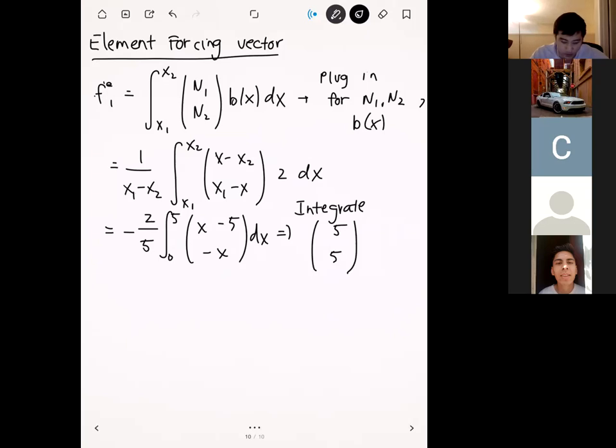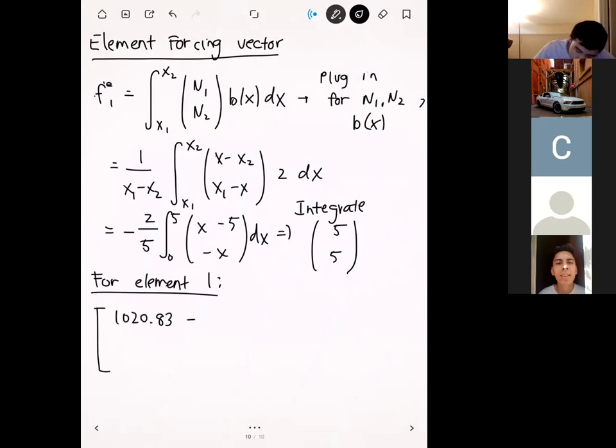All right. And so now that we have our K1 and also our F1 here, we can use this to form our elemental system. Okay. And so for element 1, we have the following. First our matrix, so 1020.83, minus 1020.83, minus 1020.83, 1020.83.